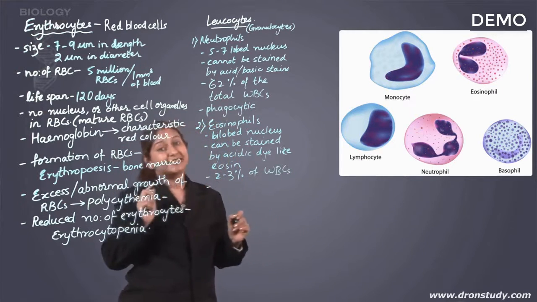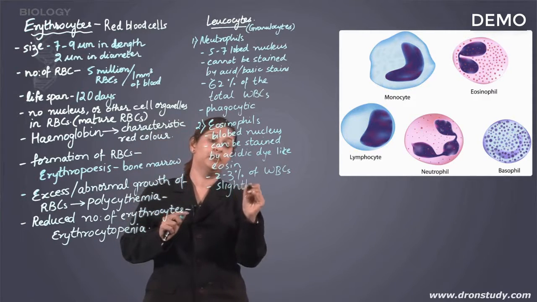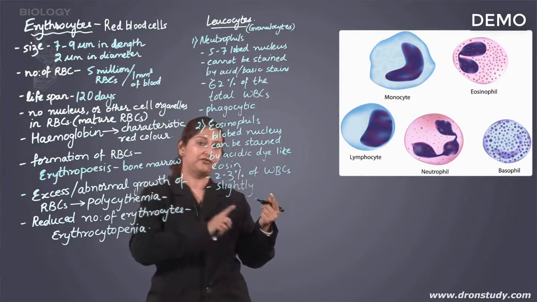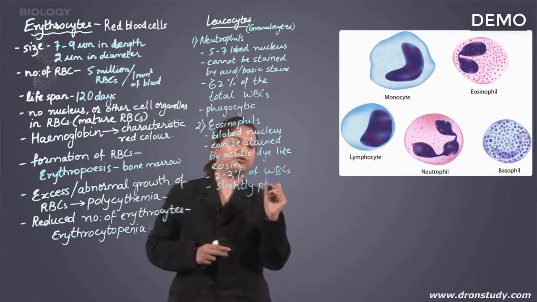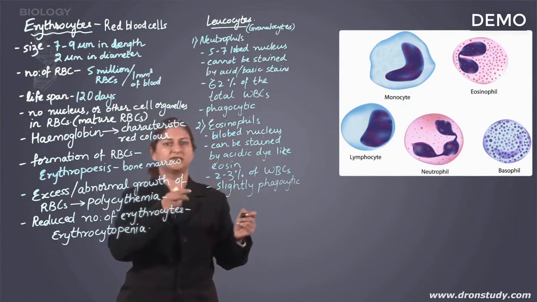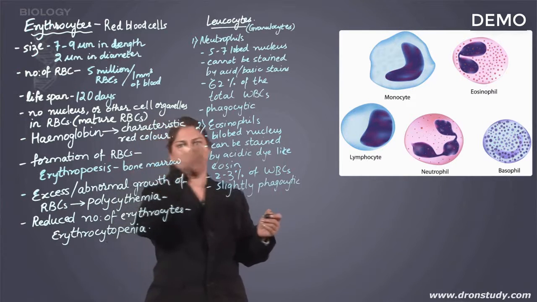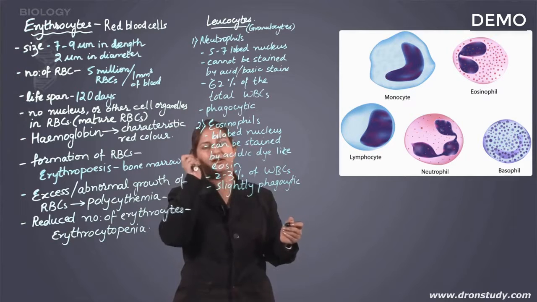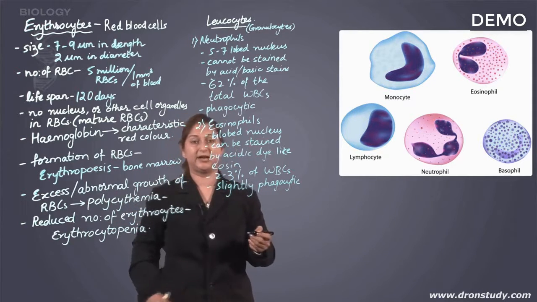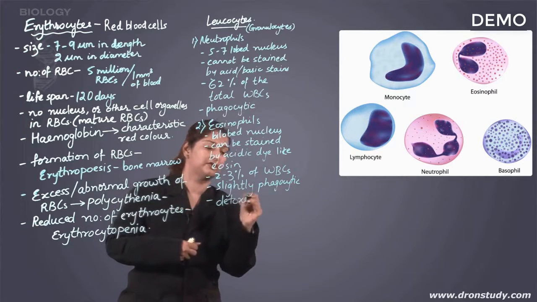They are slightly phagocytic. Now, why slightly phagocytic? Because they are doing much more important work apart from phagocytosis. So, it usually happens that if there are not enough neutrophils around, and if need based, it will be phagocytic, but it does the role of detoxification.